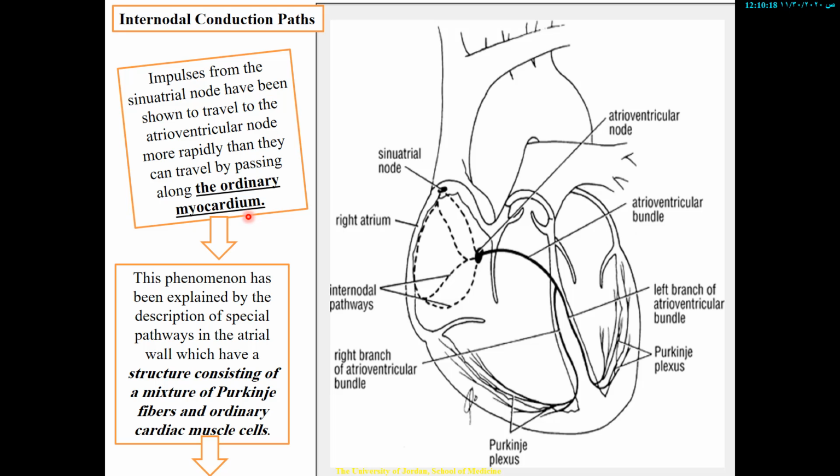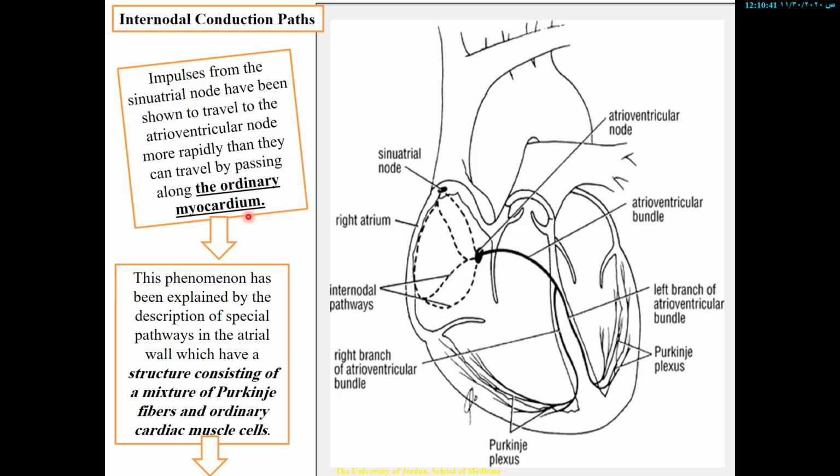And this raised questions about the possibility that maybe there is a conducting system or pathways where the impulses travel from the SA node to the AV node.